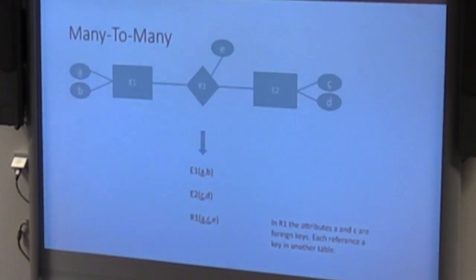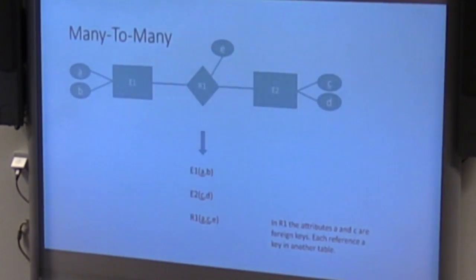So if that is your logical model, entities E1 and E2 related to each other through the relation R1, what will actually become of it? Well, it turns out that it becomes 3 schemas or 3 tables.